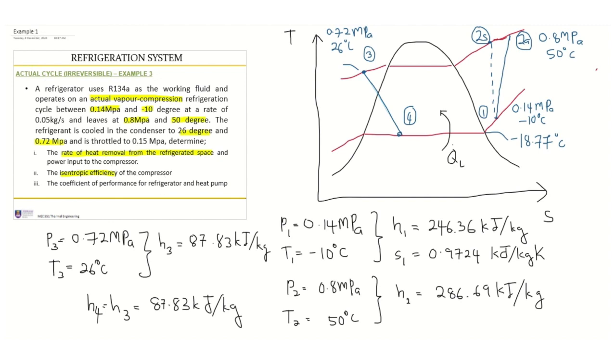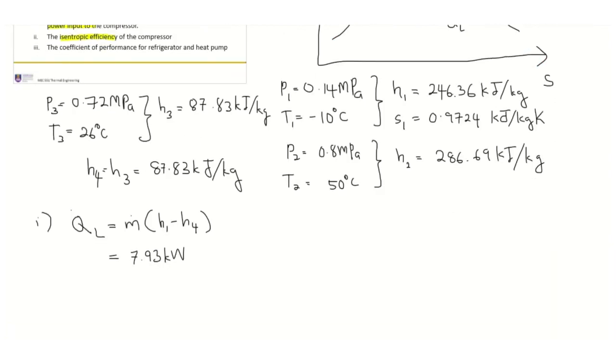Next is the power input to the compressor. Okay, the power input to the compressor is this one. We're going to use 2A. So work compressor equals m dot (H2 minus H1), or we can put it as H2A minus H1.